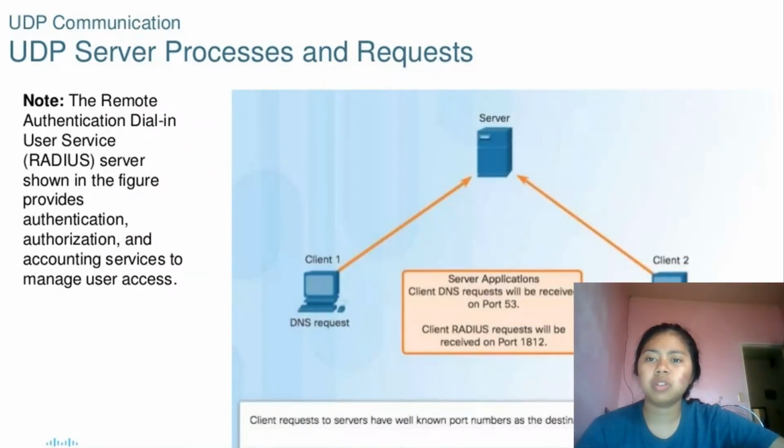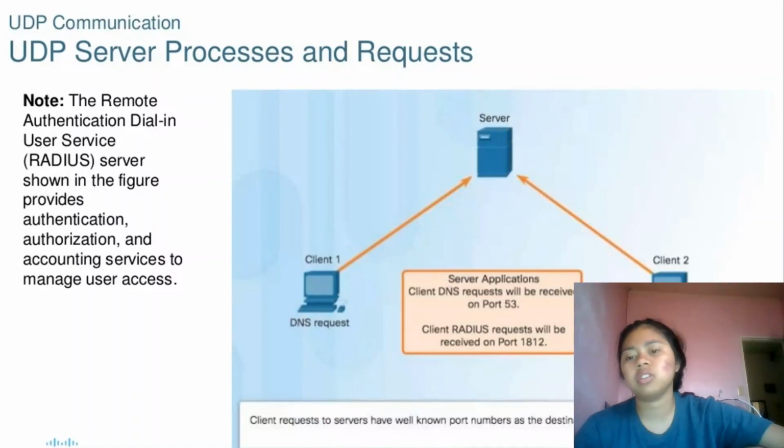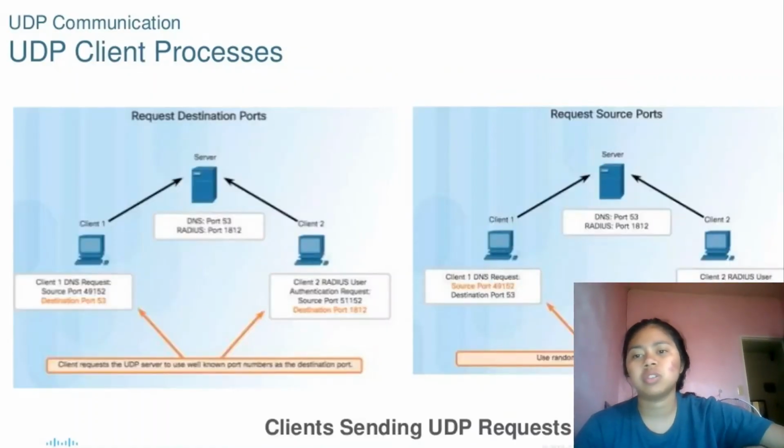UDP server processes and requests. The Remote Authentication Dial-In User Service, or RADIUS server, shown in the figure, provides authentication, authorization, and accounting services to manage access.